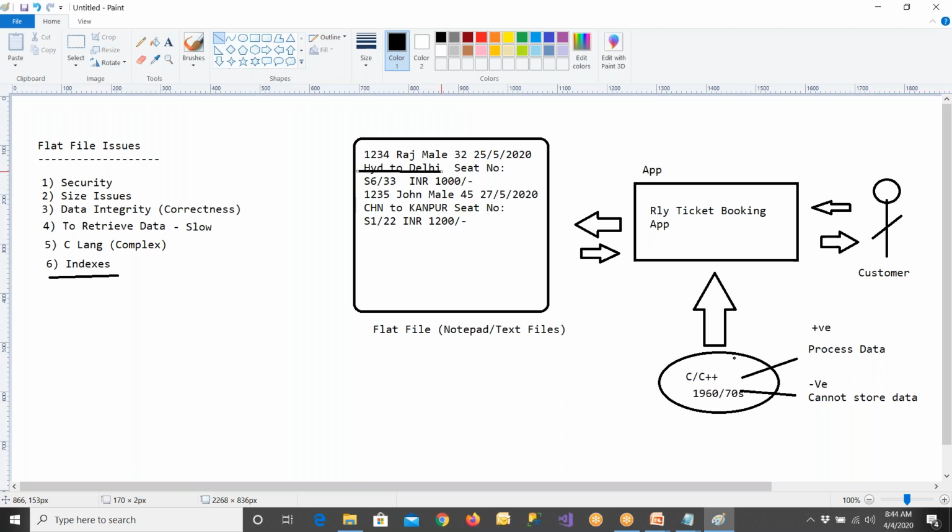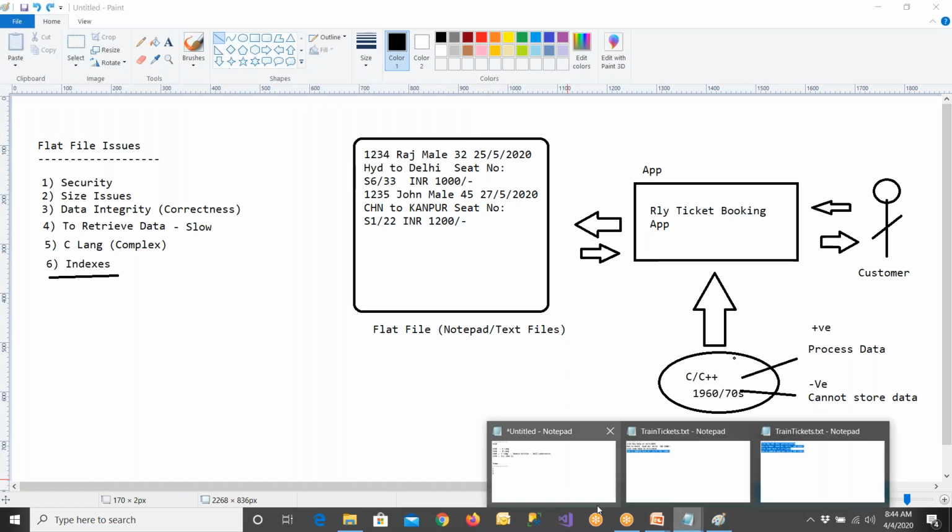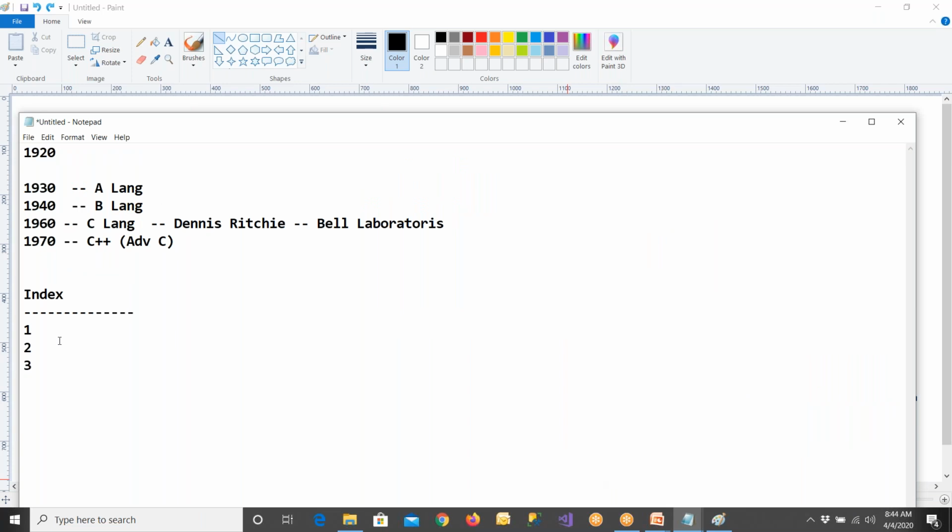In which page is it stored, and in which cupboard did you keep your pens? If you have that kind of information, if you have that index, then it is very, very easy. If you don't have an index of where the data is stored, and that kind of index concept was not implemented at that time, then retrieval is very, very slow. Am I clear?